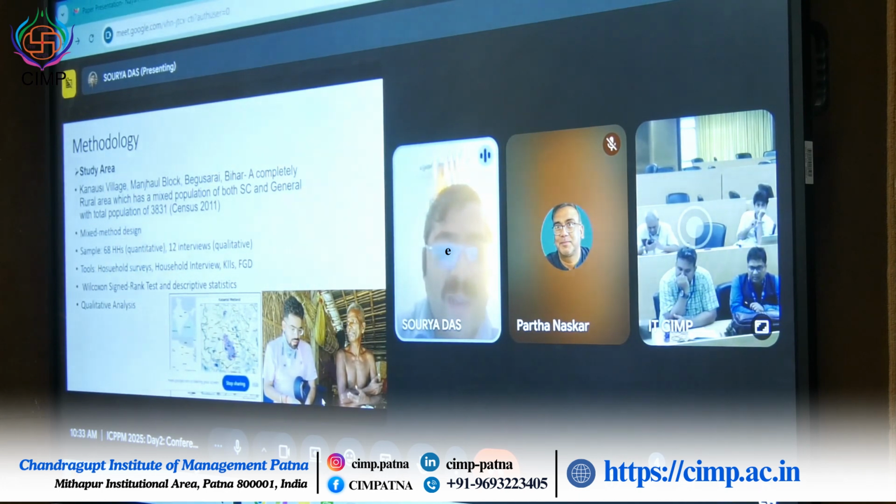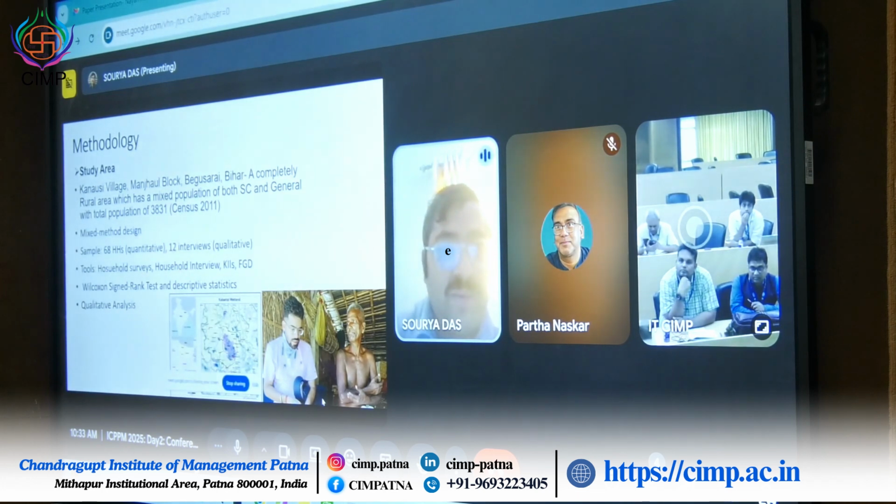For a dissertation study, it was very difficult to even purposely select some of the villages because it's a densely populated area. So we have selected only one village, Kanousi village, where Miss Kalpana Ambastha studied in 2007, so we can have comparison data.